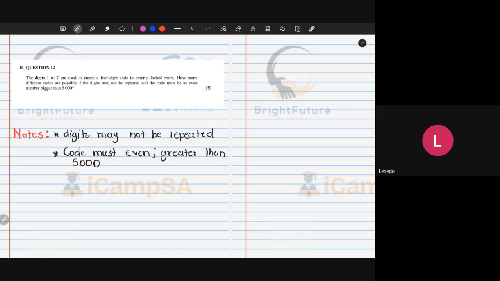These are the requirements. And we obviously require a 4-digit code.